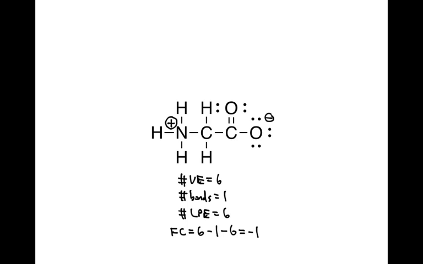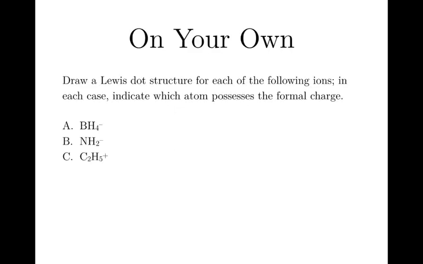So we're going to write minus in a circle next to this oxygen. The reason why I went through those specific ones is because those are the most common types of formal charges you will likely be assigning should you ever be asked to do it.